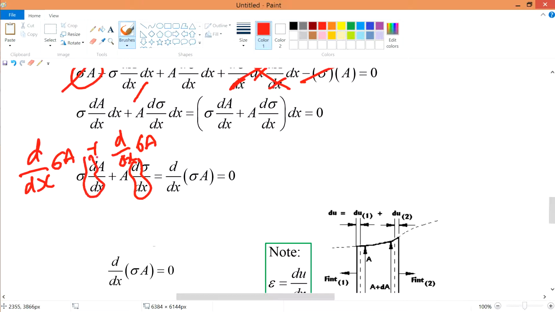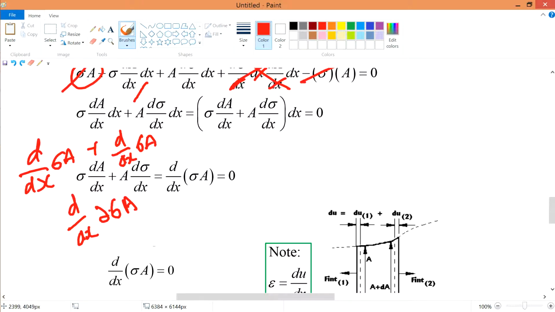By the end of the day, you will have d over dx 2 times stress times area. But what we do is just keep it as stress times area.